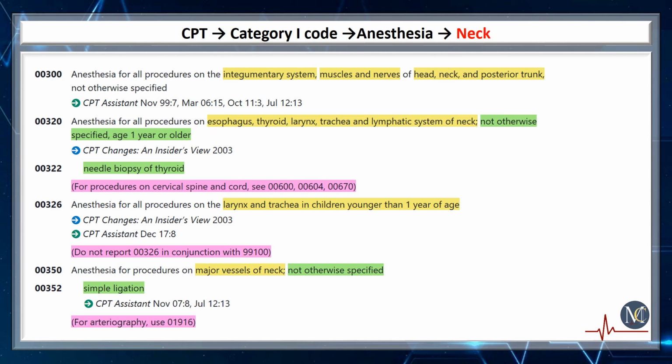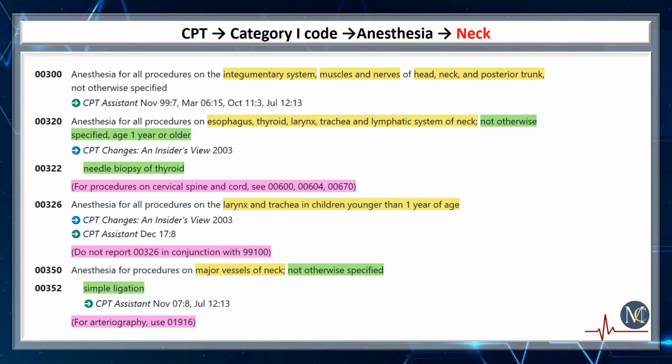There is an instruction in the parenthesis, don't report 00326 in conjunction with 99100. It means the code 00326 is a combo code and it includes the information regarding age. So we don't need to put additional information regarding age.